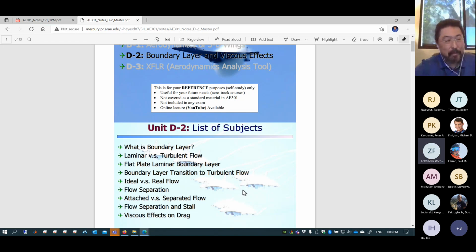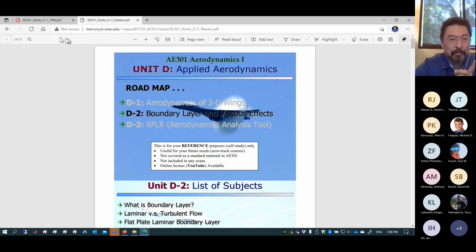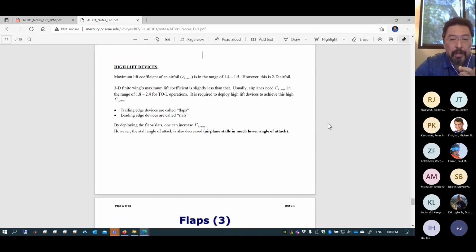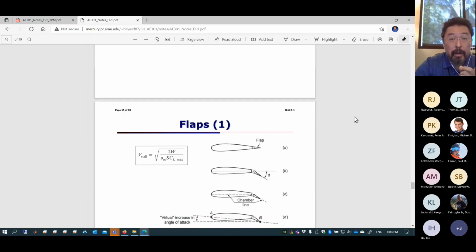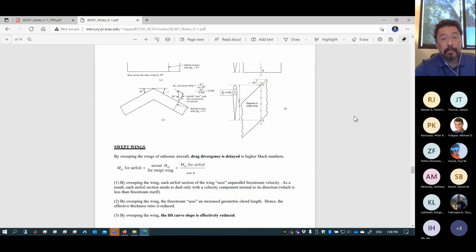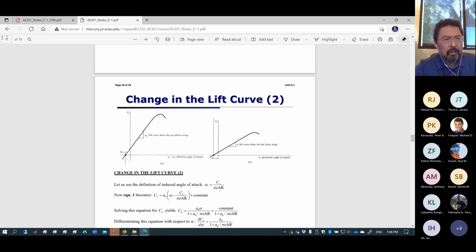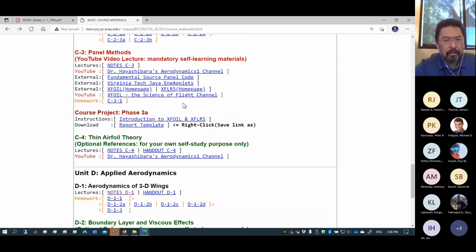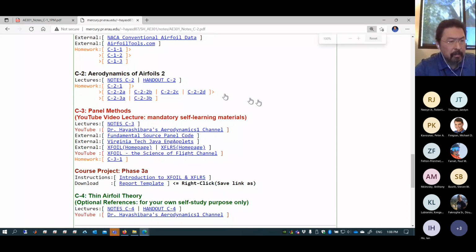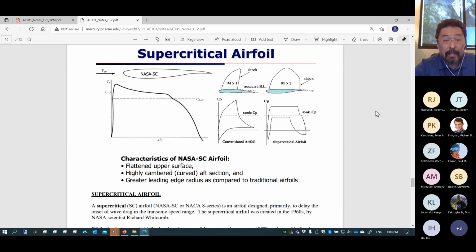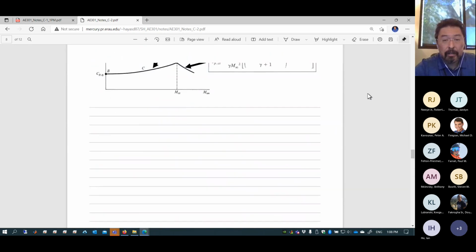Got it, thank you. One more thing, which we're going to cover later: in unit D1, we are going to talk about high-speed flow, which is more than 0.3 Mach number. Obviously, compressibility starts to kick in. Sorry, it's unit C2, not D1. So in unit C2, compressibility kicks in, and we're going to talk about that a little bit later.